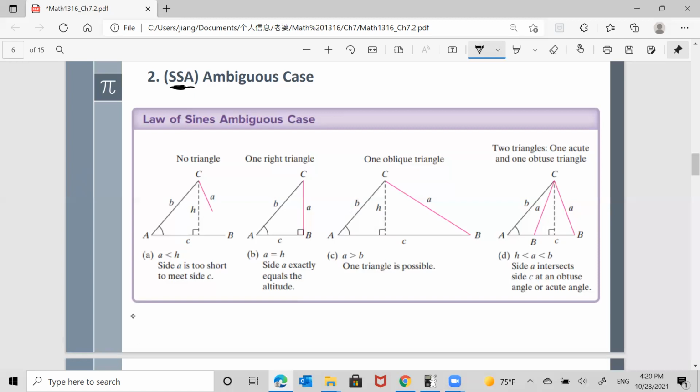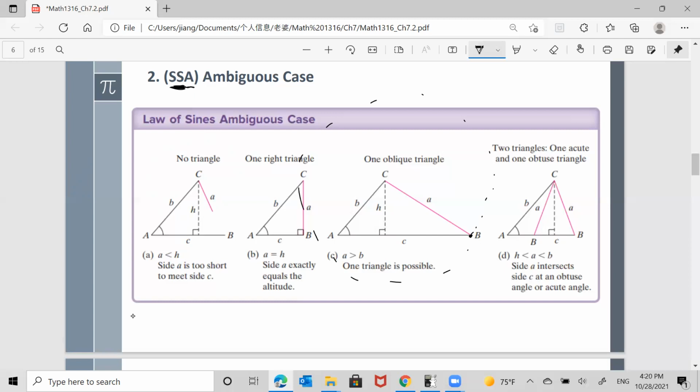And another one, an oblique triangle, if the A is very long. And then if we rotate the A center at C, I can go this way or I can go this way. It's okay. So we have only one intercept at the B. So we can create one triangle.